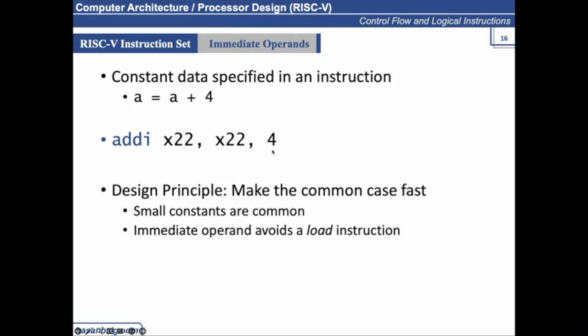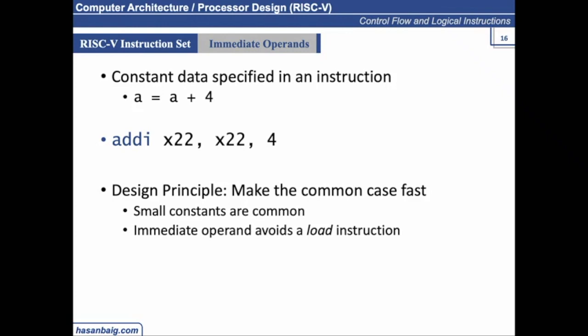Yep. So addi is only used to increment? Or does it have other uses? We are incrementing the same variable, but it could be something else. If I were to write it quickly here, it could be A equals B plus 4.